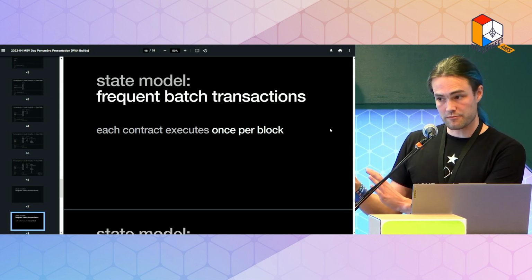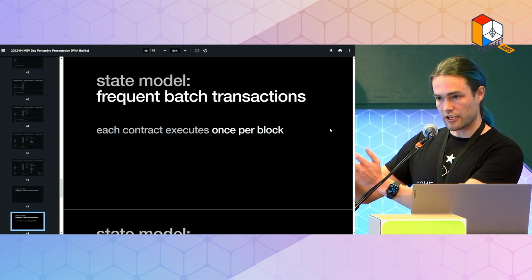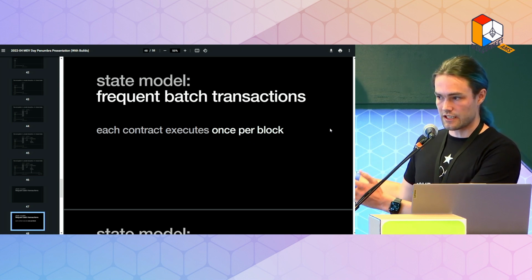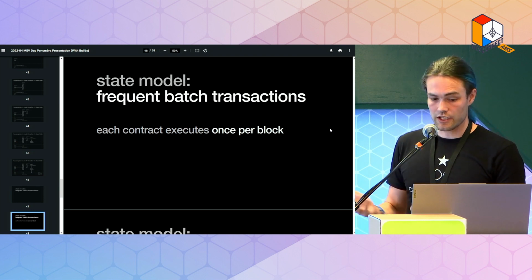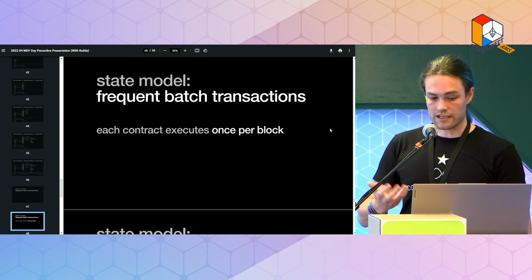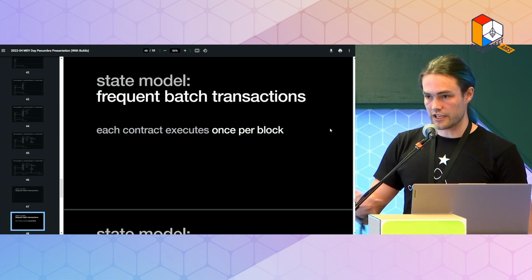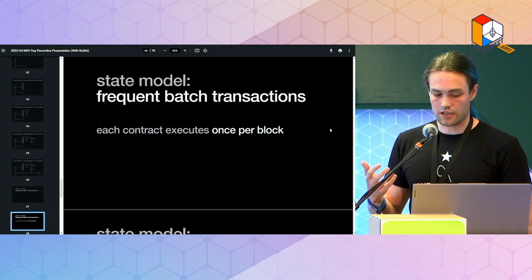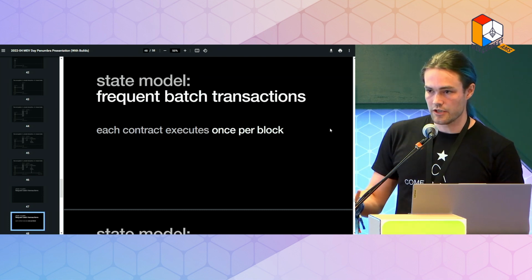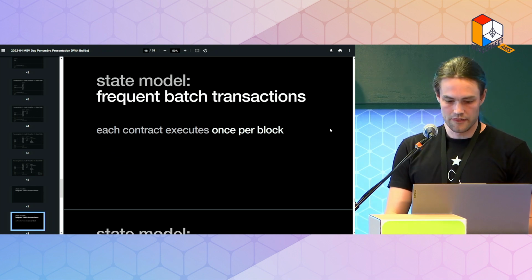So you give up some things, like for instance, you can't do atomic composability of different smart contracts. So that's sad. But there are upsides, like the resource cost of executing this contract gets to be amortized over every input. And so you can potentially have significantly more complex logic in the contract because you know that you're not going to have to be calling it like 1,000 times a block.